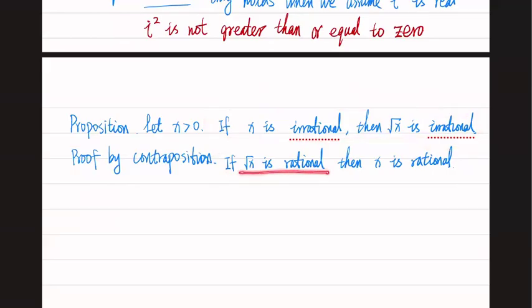Okay, Jessica, what does it mean when we say a number is rational? How would you use this information? Kira, are you back, Kira?